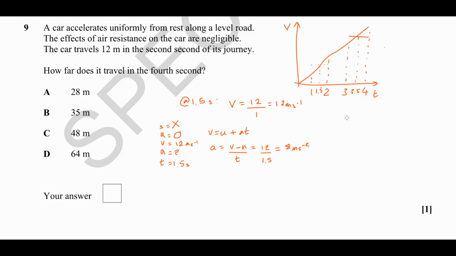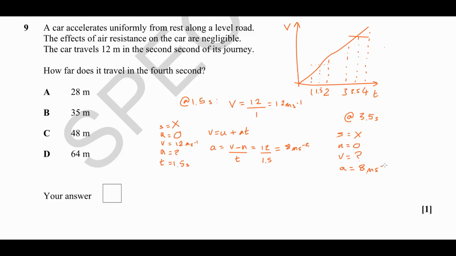So at 3.5 seconds, we can use suvat again. Once again, we aren't interested in the total displacement. We know that the initial velocity is 0, because it's starting from rest. We're interested in the entire journey here from 0 to 3.5. We are interested in finding out what the velocity is. We know that the acceleration is 8 meters per second squared, we've just calculated that.